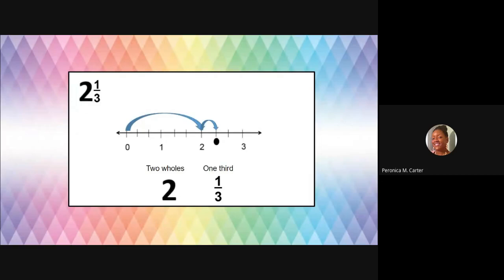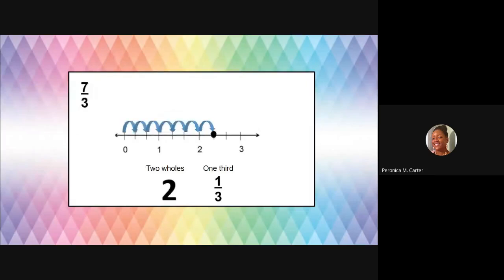So the destination is 2 1/3. On the next one, we have 7/3 represented here. And you have 1/3, 2/3, 3/3, 4/3, 5/3, 6/3, and then an additional 7/3. And so that's how it is as an improper fraction represented.